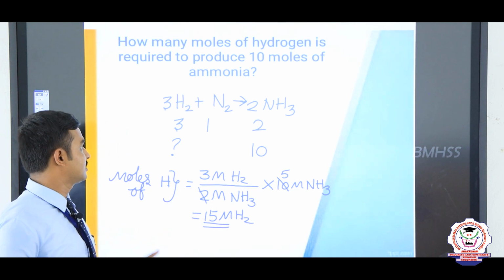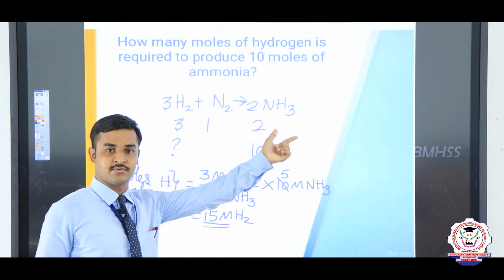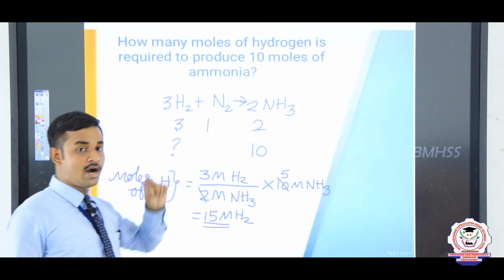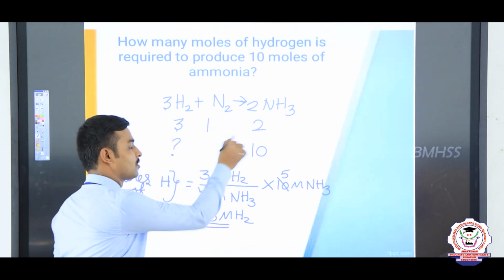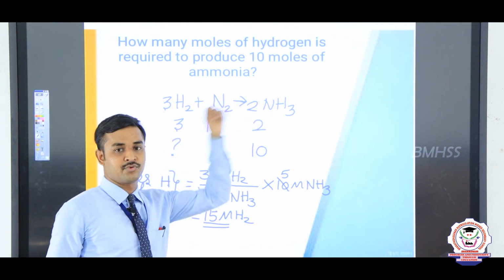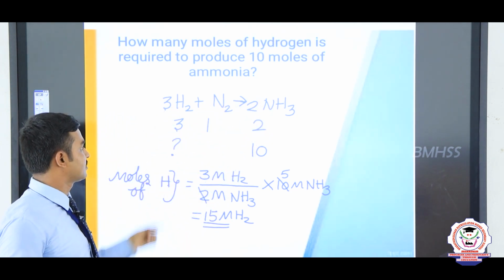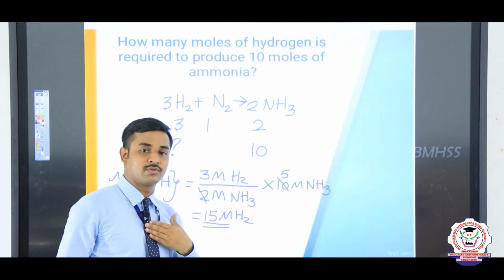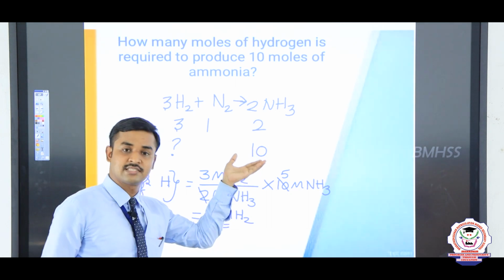So let us see, students, the first step is to write the equation and the second step is to balance the equation. After balancing, we note the moles: 3 moles of hydrogen, 1 mole of nitrogen and 2 moles of ammonia. After we write the moles, we write our required moles of product. Our required moles of ammonia is 10.